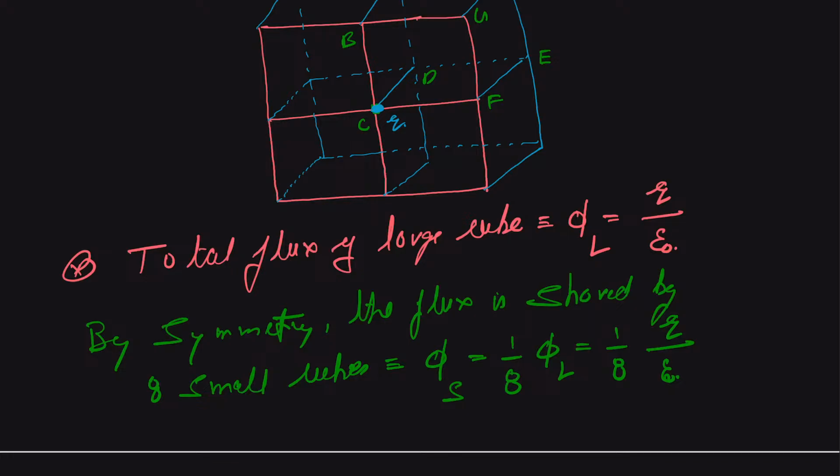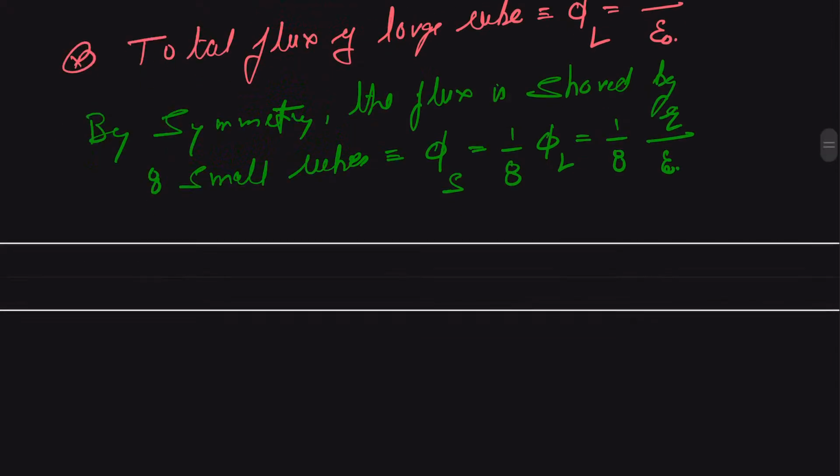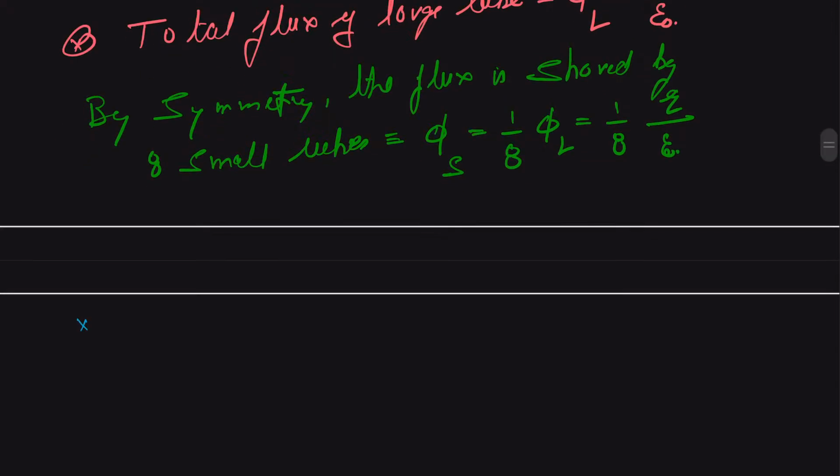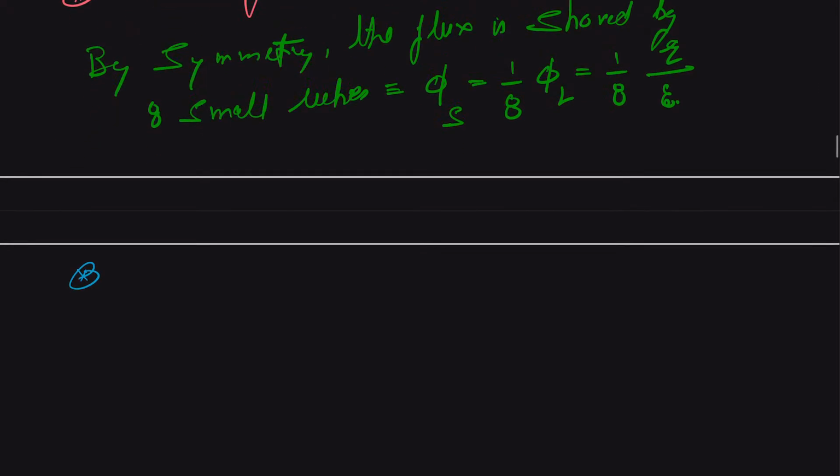So let's find out. There will be a total of 6 faces of the cube, and out of these 6 faces, how many will get the flux? Therefore, let us identify which faces get the flux.